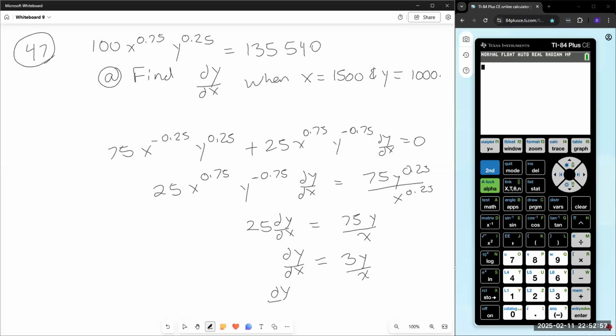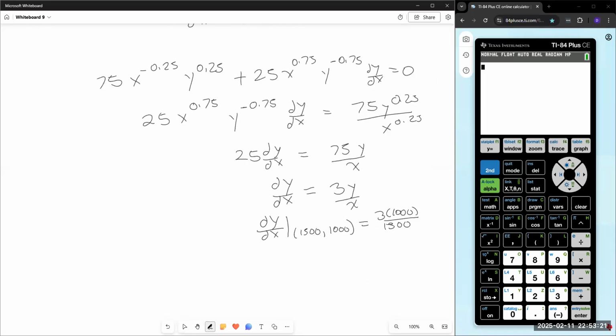dy/dx at 1,500, 1,000 is 3 times 1,000 over 1,500. dy/dx is equal to 3,000 over 1,500 is 2.